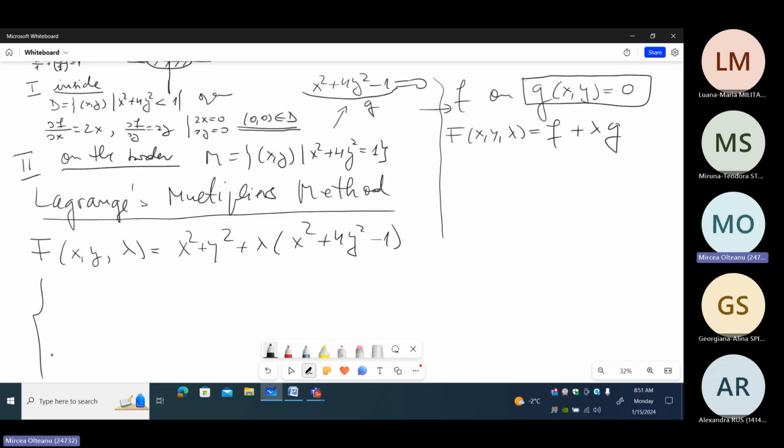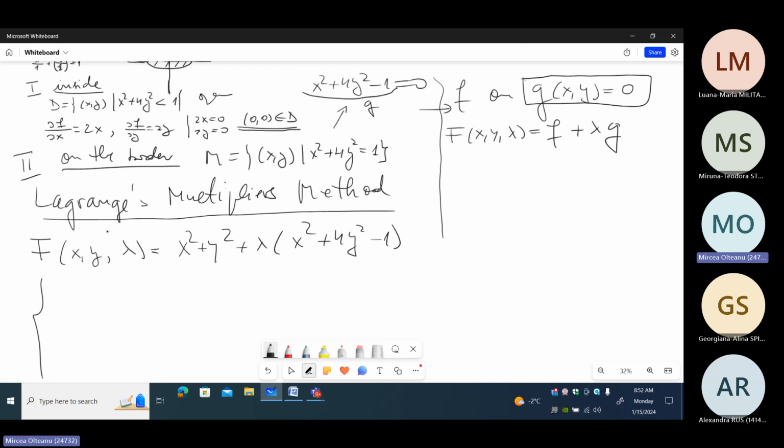And now please compute the partial derivatives of the function capital F. Okay, so the variables of capital F are x, y, and lambda.